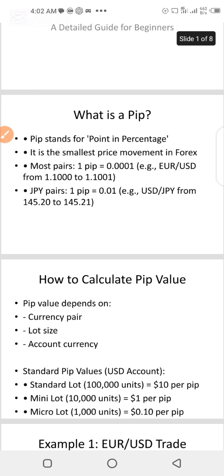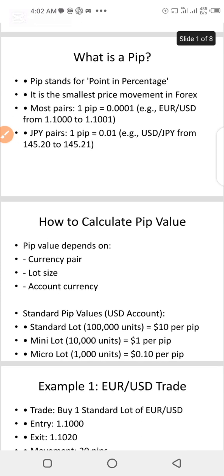Example, USD/JPY from 145 to 145.20 to 145.21. Now this whole thing will look clearer, we'll get into details when we start the practical aspect of it, right?